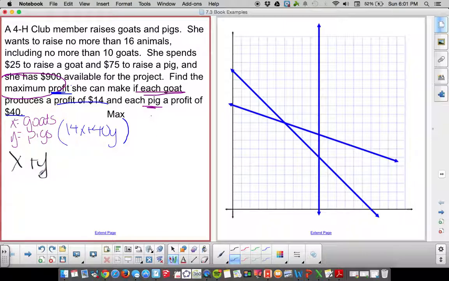So x plus y has to be less than or equal to 16. So there's one of my constraints.